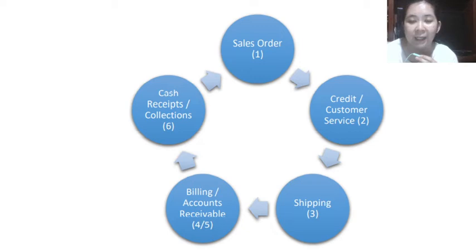So this is how it is under our revenue cycle. That's why it is divided into two phases. We have the physical activities, which is the transfer of goods from the seller to the buyer, and the financial phase, which is the payment of the buyer to the seller.